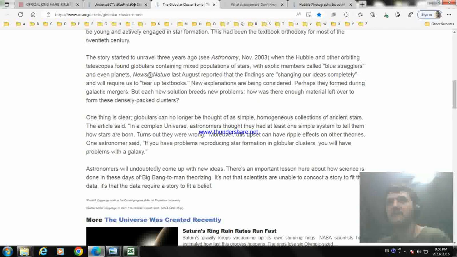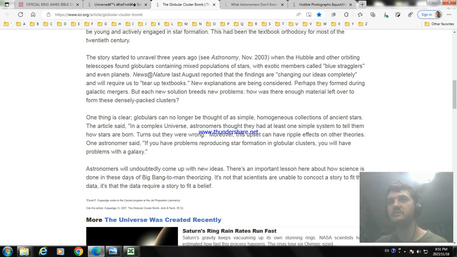The story was unraveled three years ago (see Astronomy, November 2003), when Hubble and other orbiting telescopes found that globulars have a mixed population of stars, with exotic members like blue stragglers, and even planets. News in Nature last August reported these findings are changing our ideas completely.